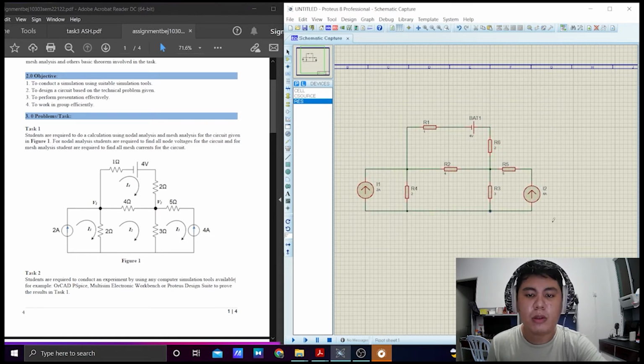Next, to simulate our circuit, we must put in the probes to get the measured values.